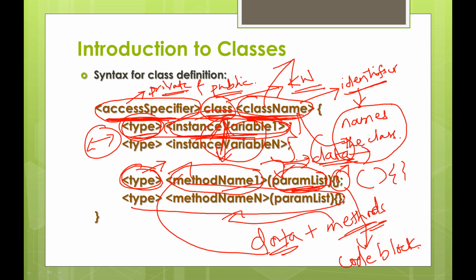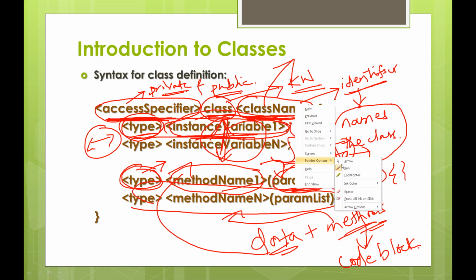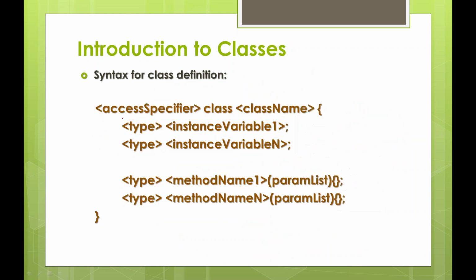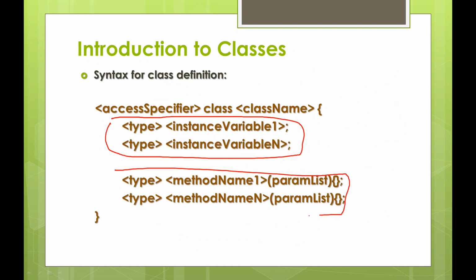Similar to that, you can have n number of methods. You can have n number of instance variables and n number of methods within a class.